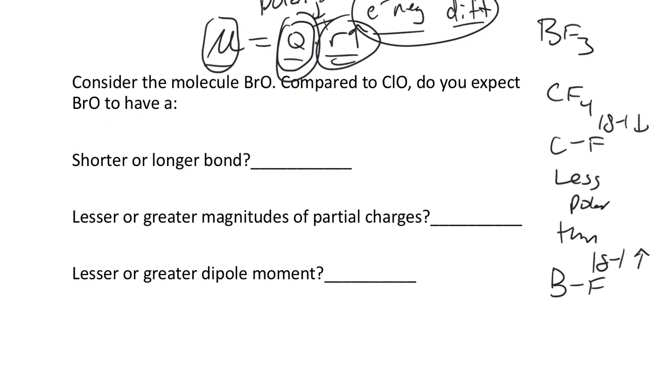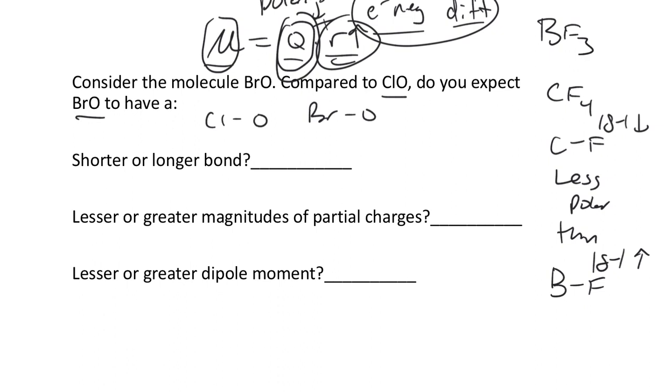Okay, so with all of that said as a preamble, compared to ClO, do we expect BrO to have a longer or shorter bond? Well, bond length trends come back to the fact that both of these molecules have a single bond.